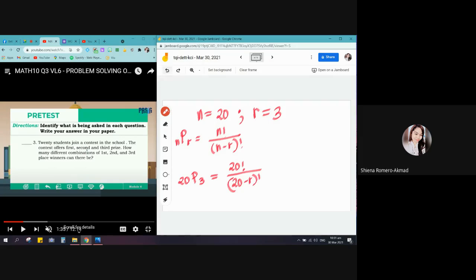Or, I mean, minus 3. Di ko pa sinubstitute, no? So, we'll have 20 factorial divided by 17 factorial. So, we have 20 times 19 times 18 times 17 factorial divided by 17 factorial. Cancel natin yan. What is 20 times 19 times 18?